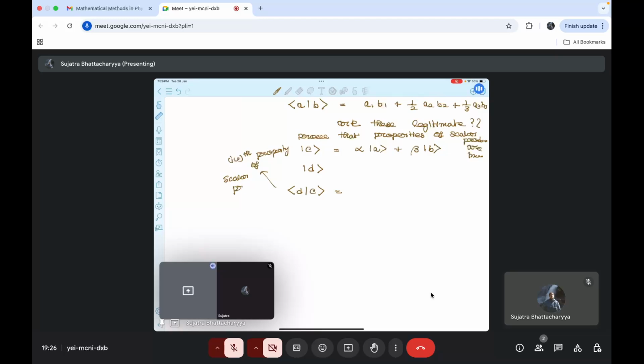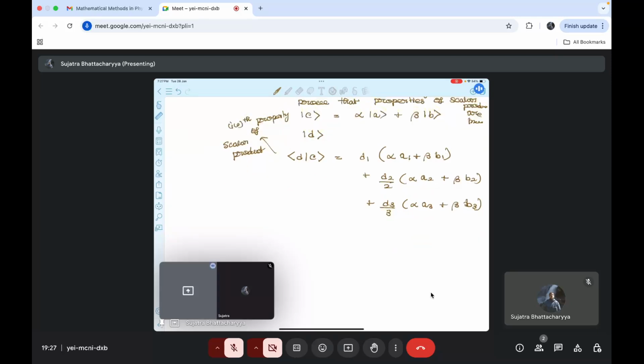Just if you look at it, it will be very clear. So D over C will be D1 times alpha A1 plus beta B1, plus D2 by 2, the same thing will be followed, so alpha A2 plus beta B2, plus D3 by 3 times alpha A3 plus beta B3.